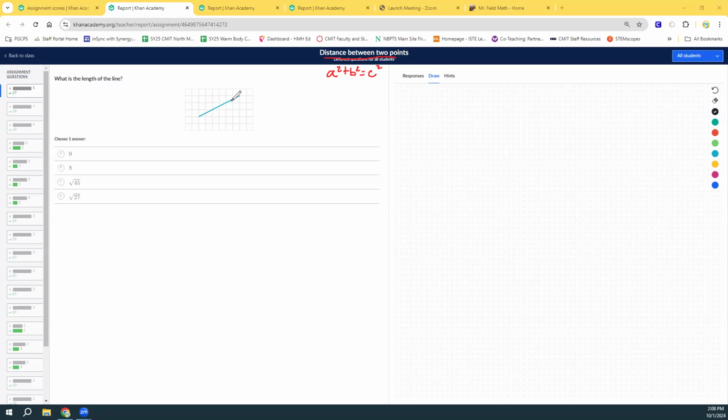If you have a line like this, 2 centimeters, easy. If it's from 0 to 2, then it's 2 centimeters. A vertical line could be 3 centimeters if it goes from 0 to 3.